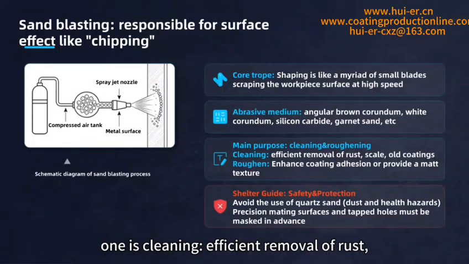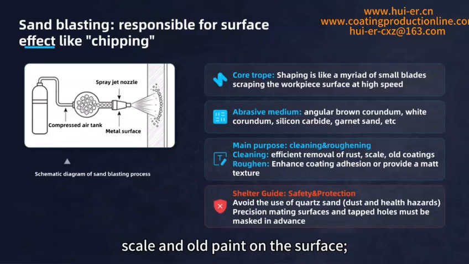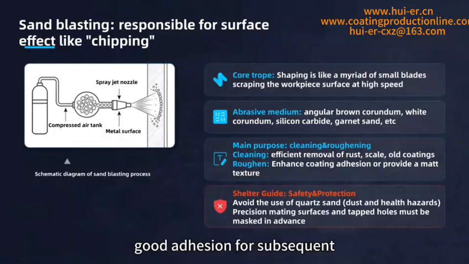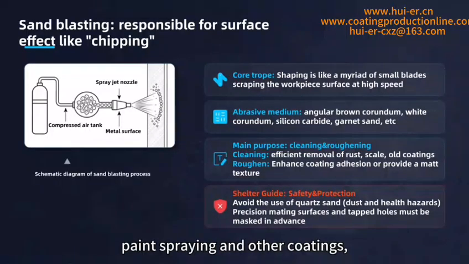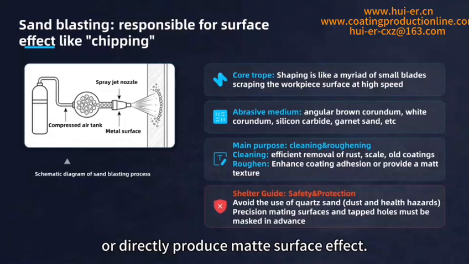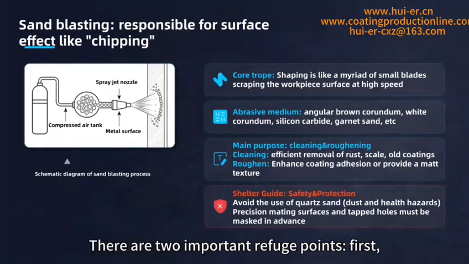One is cleaning, efficient removal of rust, scale, and old paint on the surface. The second is to create roughness, to provide good adhesion for subsequent paint spraying and other coatings, or directly produce a matte surface effect.